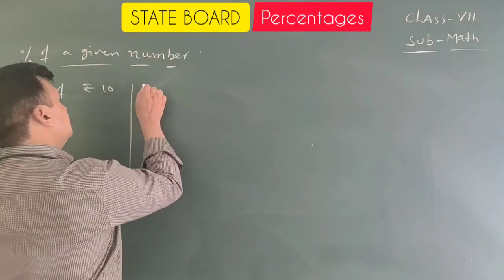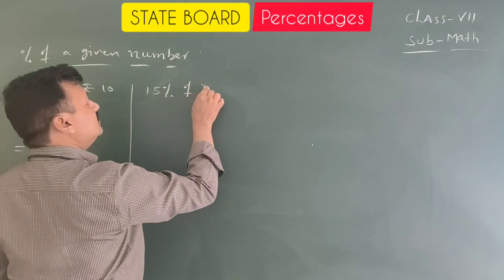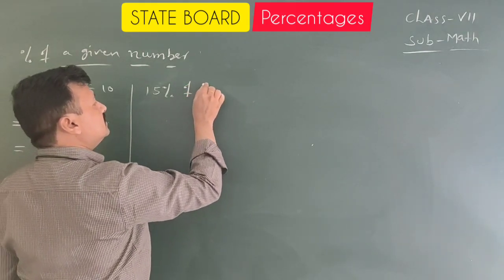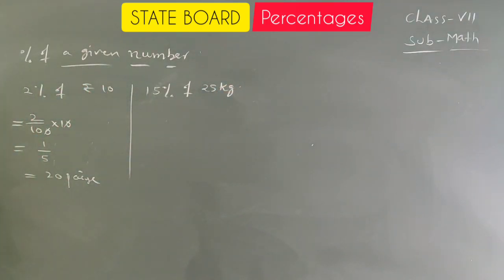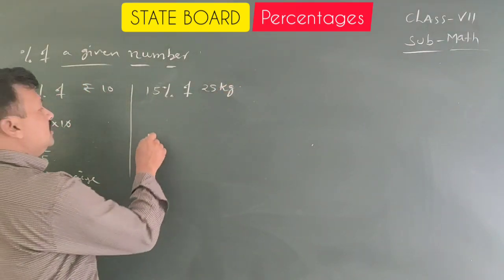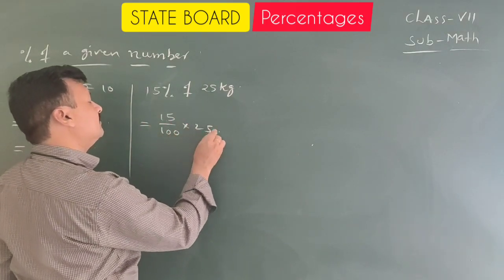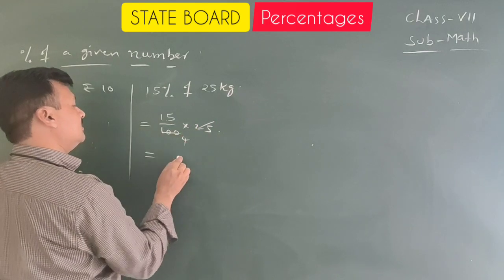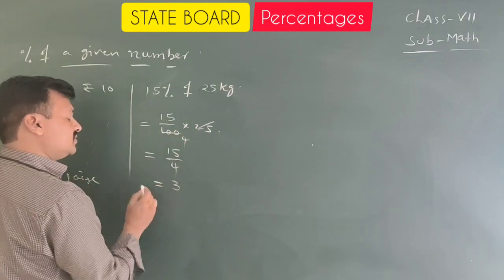Next, 15% of 25 kgs. 15% of 25 kgs means 15 by 100 into 25. So here 4 times 25 is 100, leaving 15 by 4. And here 3 fours are 12.